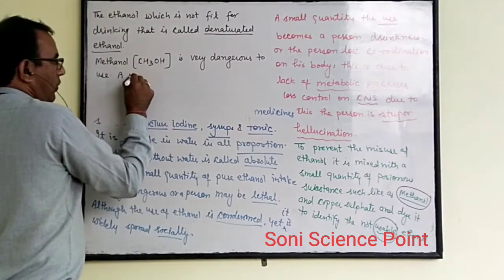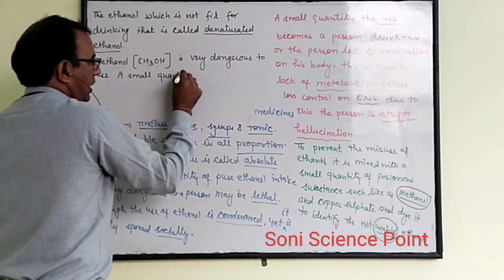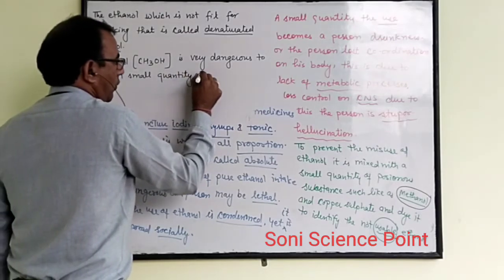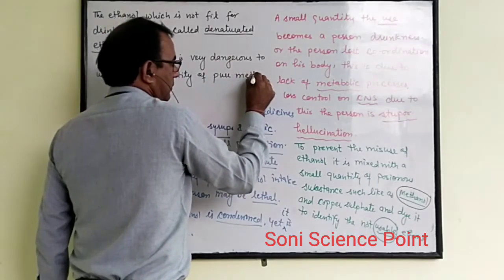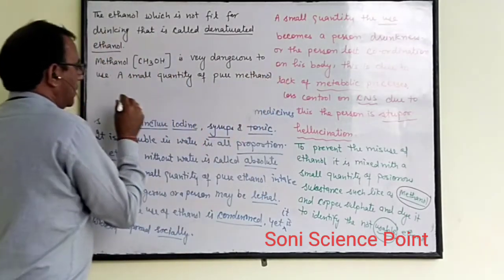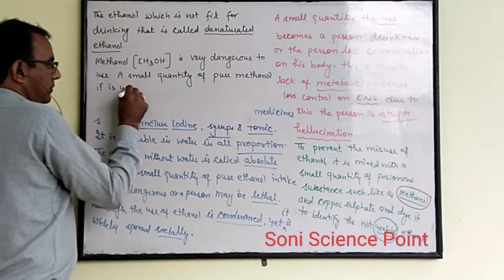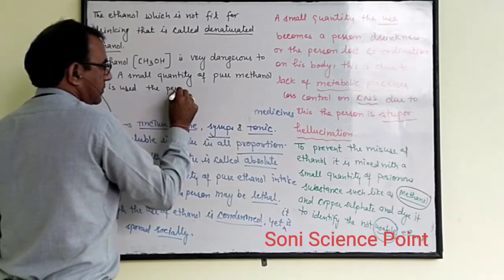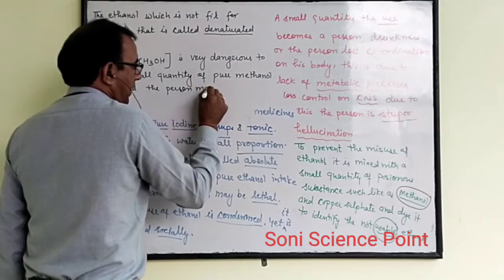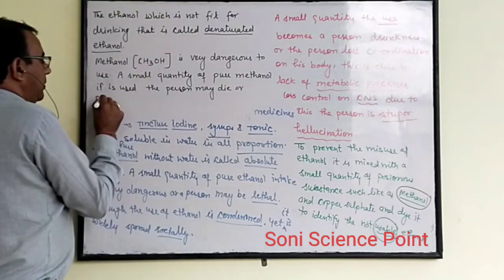If a small quantity of pure methanol is used, the person may die or become permanently blind.